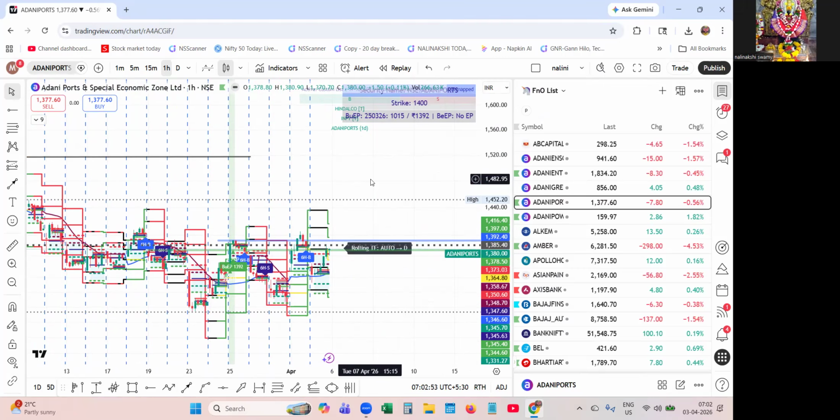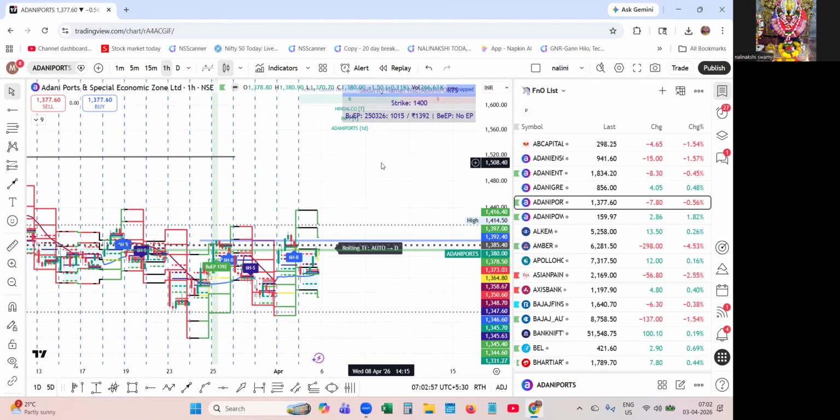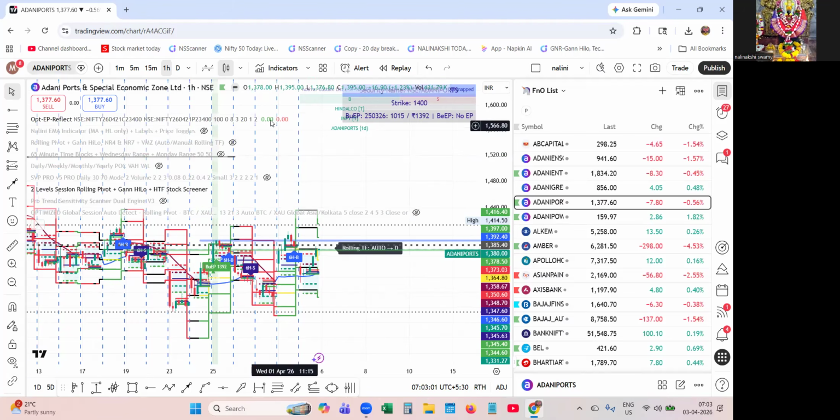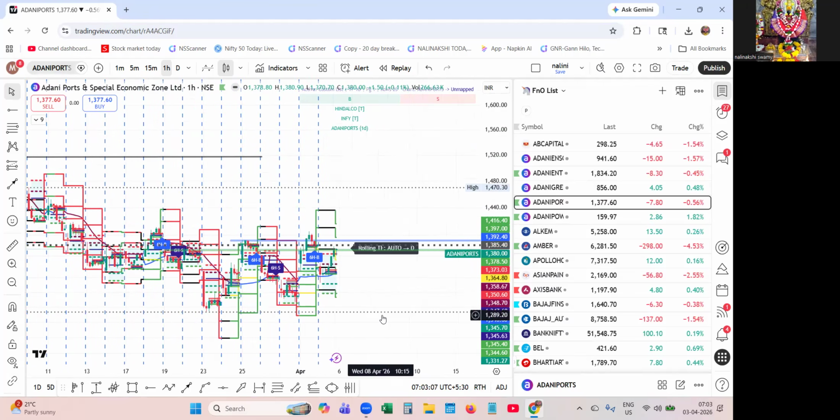So this is how you can analyze the stocks from the screener table. It becomes easy. You need not go and click on each and every stock to see what has happened. This is a simple thing you can use to track stocks.